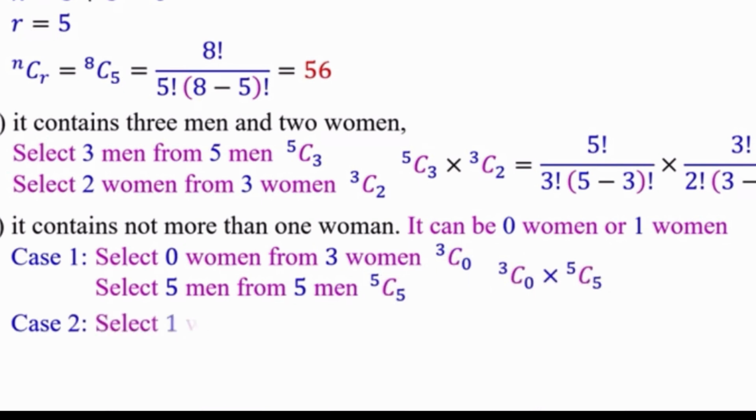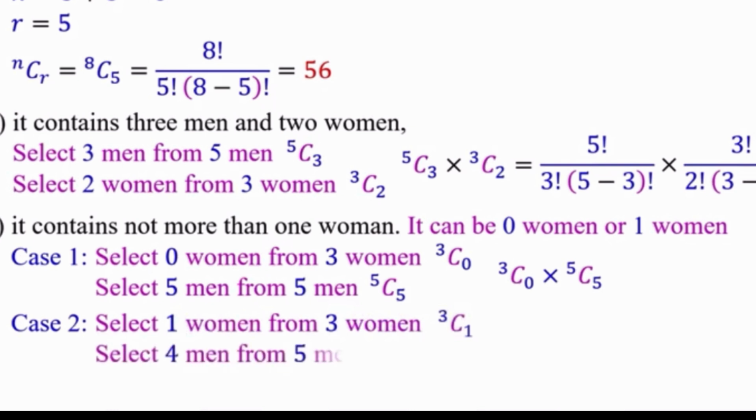For case 2, we select 1 woman. From the 3 women, we choose 1 woman. Because a committee needs 5 members, we need another 4 members, which must be 4 men. So we choose 4 men from the 5 men, using the combination 5C4. The number of ways to form the committee with 1 woman is 3C1 multiplied by 5C4.